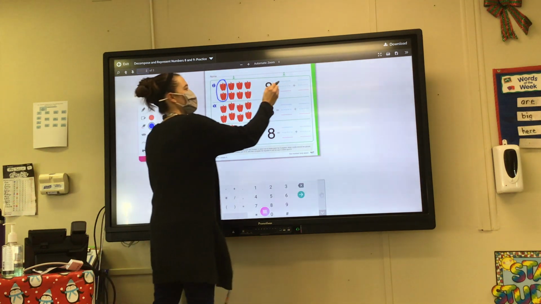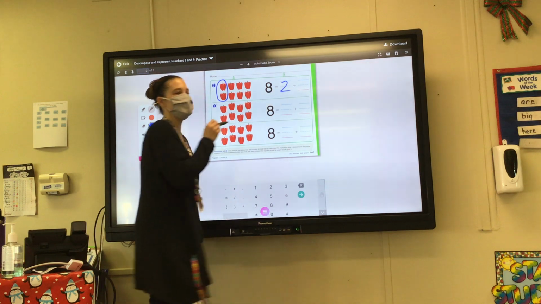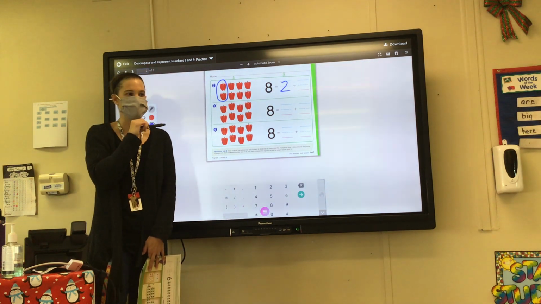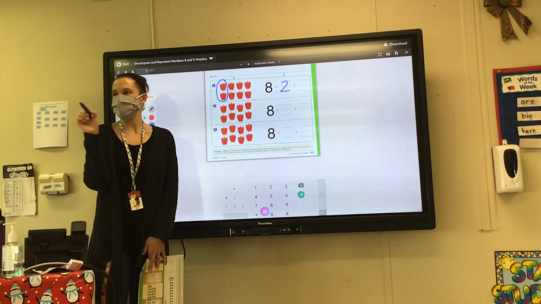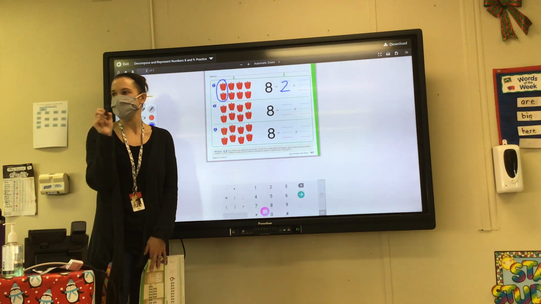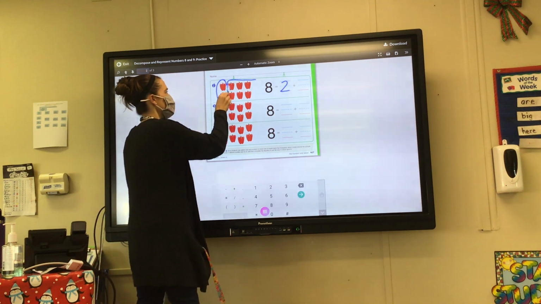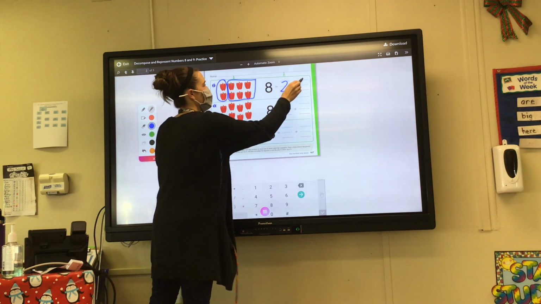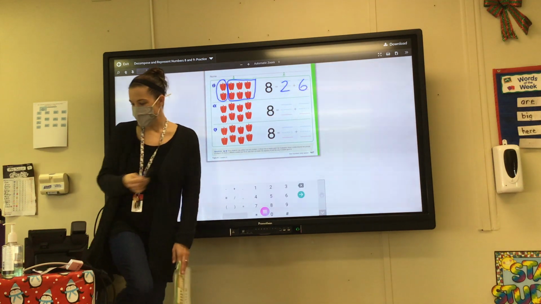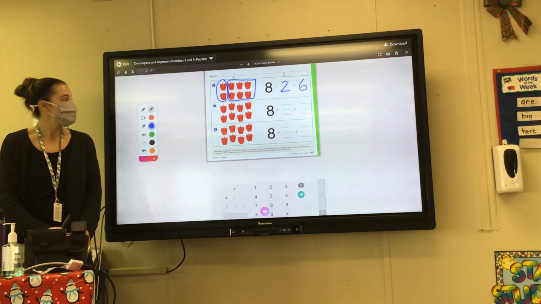8 equals 2 plus how many were in the next group there, next part? How many are we going to circle after we circle 2, Avery? 6. So circle the other group of peppers. And we have 8 equals 2 plus 6.